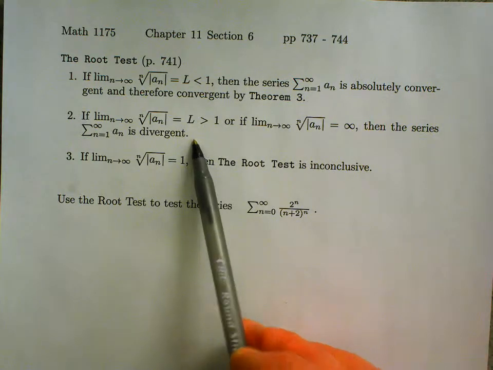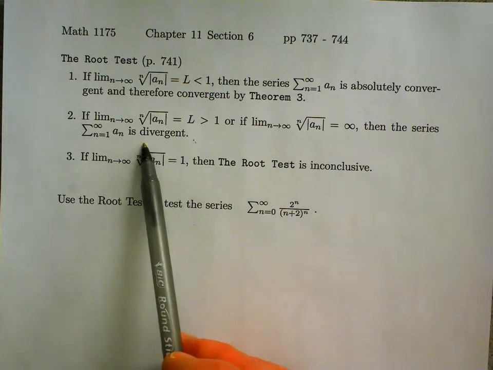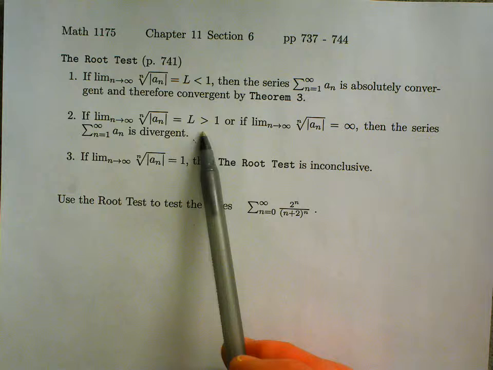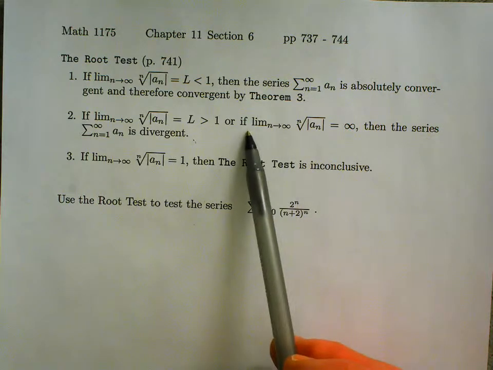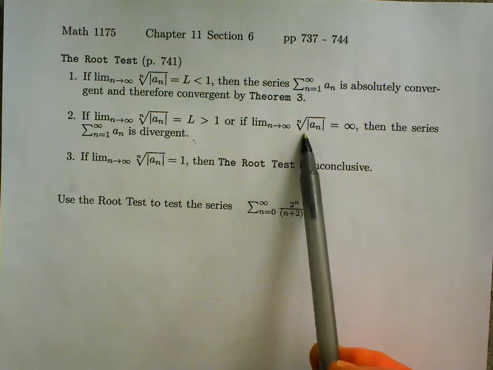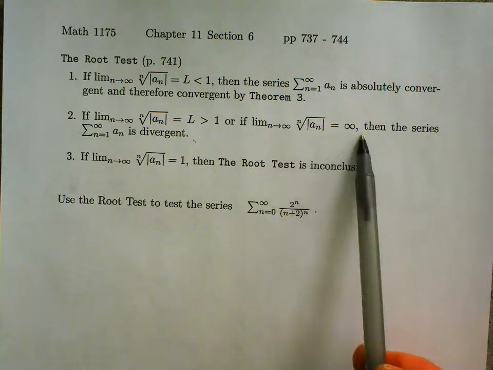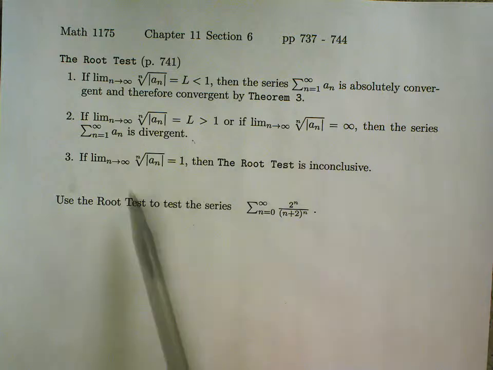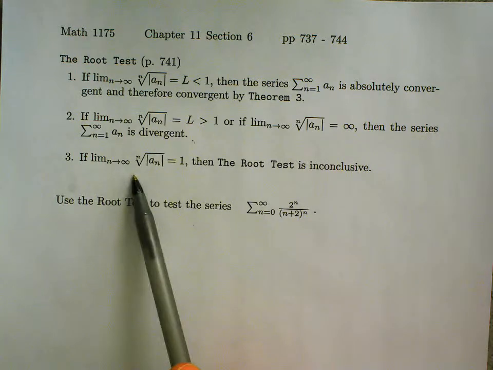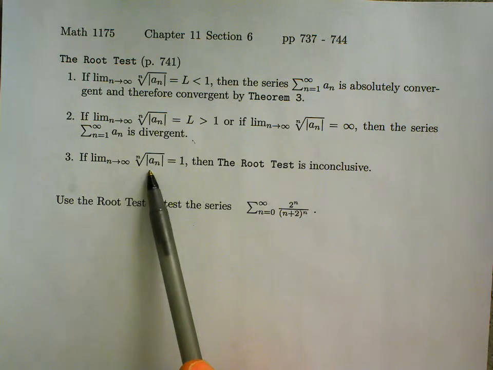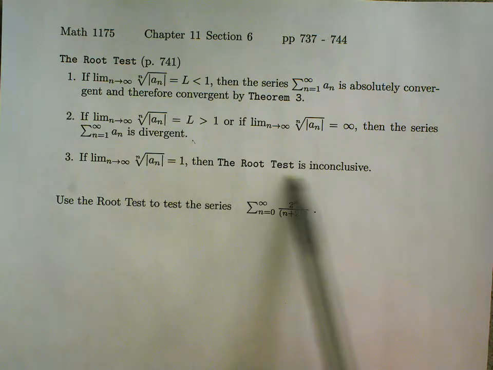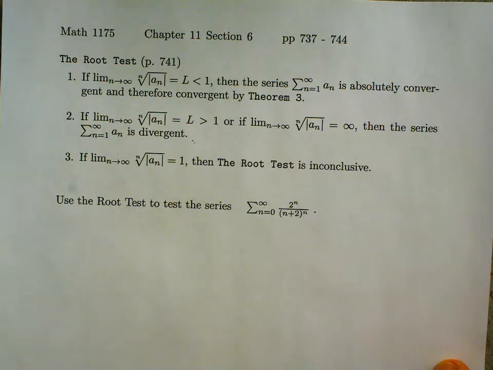If that limit is equal to L, which is greater than 1, or if the limit is equal to infinity, then the series is divergent. And then in part 3, if the limit is equal to 1, then the root test is inconclusive. That would mean we would need to find a different method.